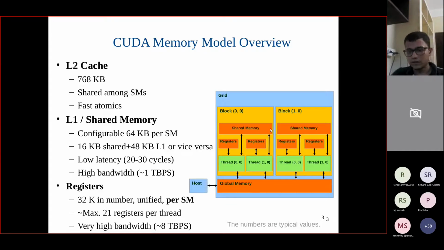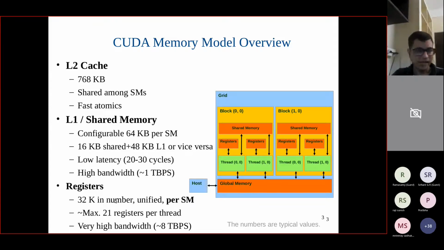So pictorially, this thread cannot access the shared memory of this block, and vice versa. Threads of the same block can access the content of the shared memory, but the shared memory of other blocks is not accessible by the threads of this block. So that is the other point that I wanted to specify.